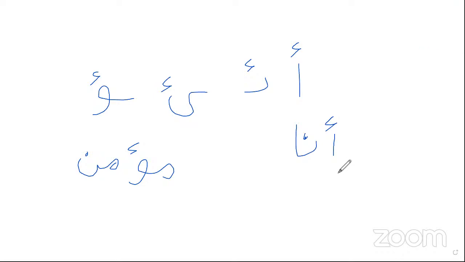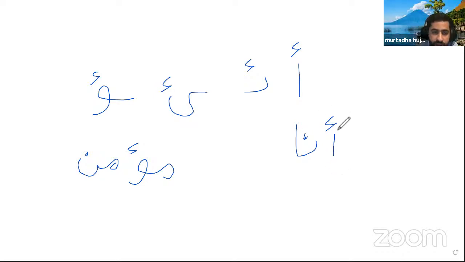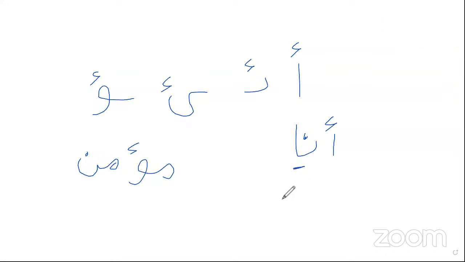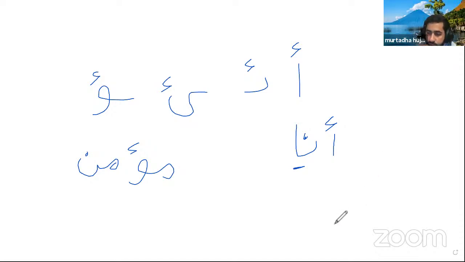Mu'min. It can be written with the Alif, like Ana. But here the Alif is just for writing the Hamza. Here is the Alif sound. Sometimes the Alif will be written at the end of the word differently, but it's still pronounced as an Alif.